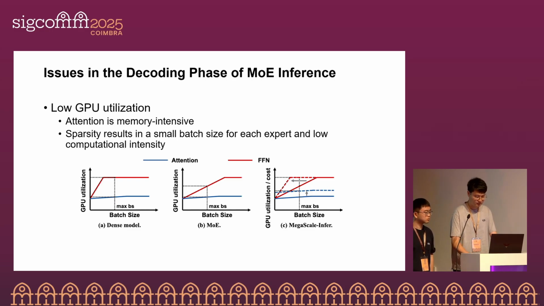On the other hand, due to the sparsity of MOE, each expert only receives part of the tokens in a batch. Therefore, with the same global batch size, the batch size of the FFN module in MOE is smaller than that of the dense model, leading to lower computational intensity and GPU utilization. As MOE scales up and the sparsity increases, the problem only gets worse.